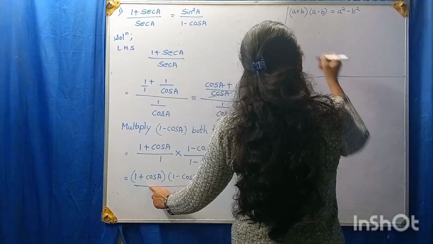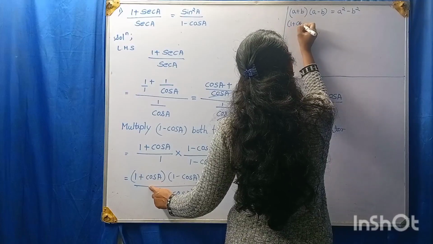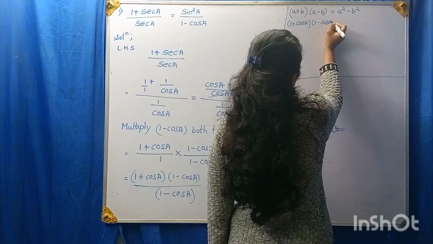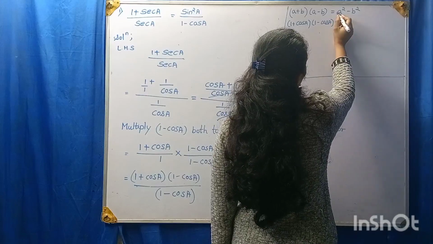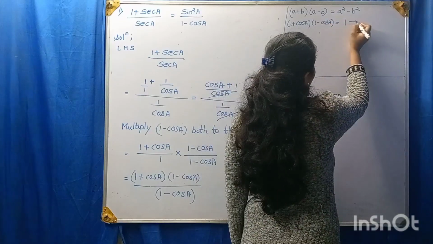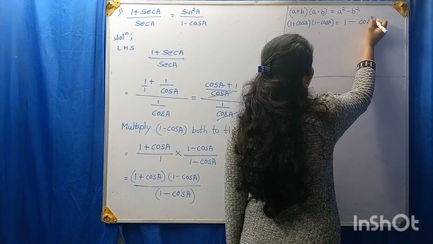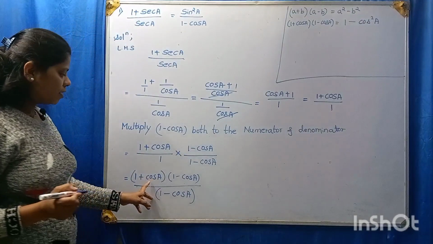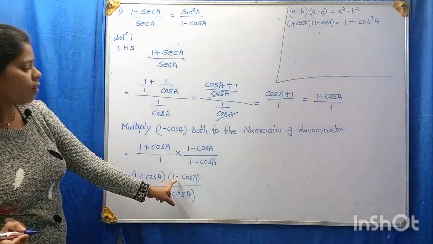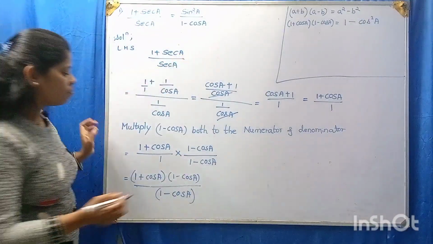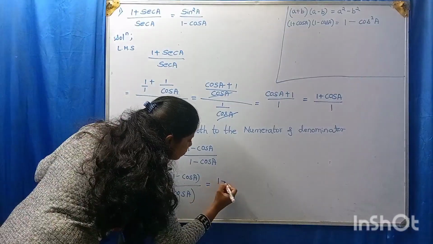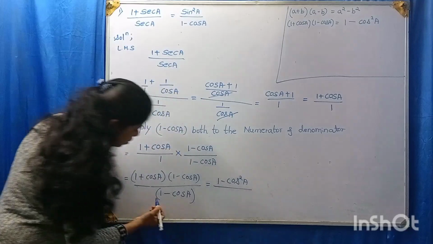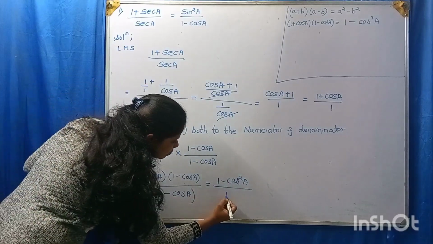Here we have 1 plus cos A into 1 minus cos A. It will become 1 square minus cos square A, which we can write as 1 minus cos square A, divided by 1 minus cos A.